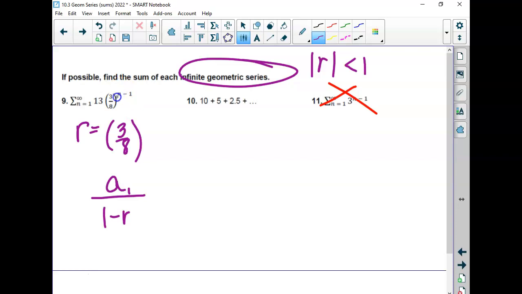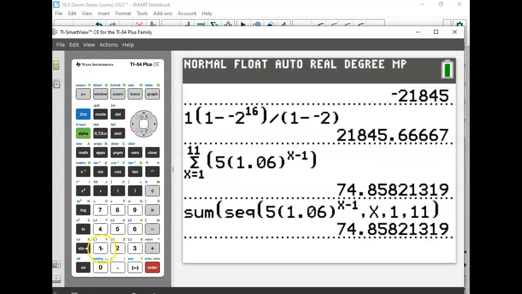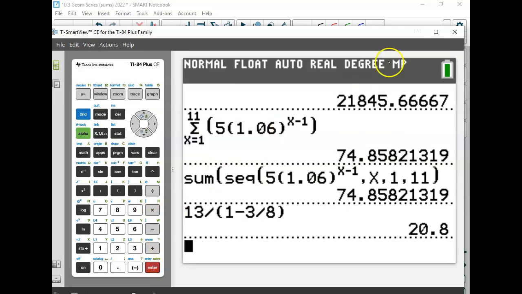Well, put in a 1, you'd have 3/8 to the 0, which is 1 times 13. So 13 is the first term, and then down here we have 1 minus 3/8. So what does that give you? 13 divided by 5/8 is 13 times 8 divided by 5. I don't know what that is. Was it 3/8? The R? 20.8?